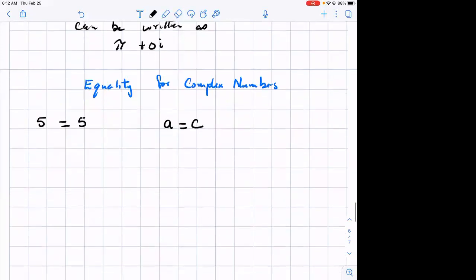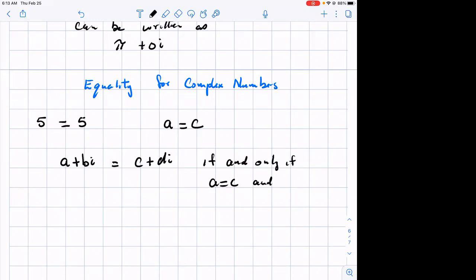Or we can say that a plus bi is equal to c plus di, and this is true if and only if a is equal to c and b is equal to d.